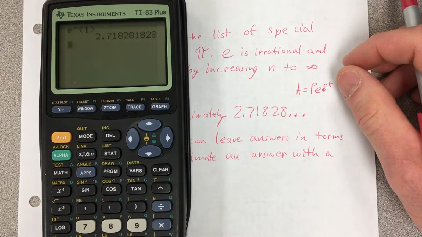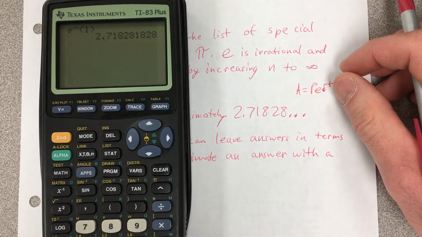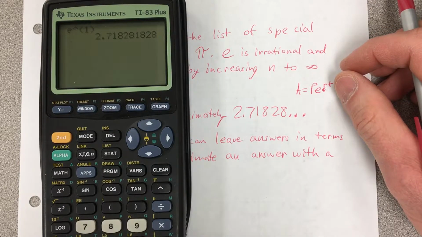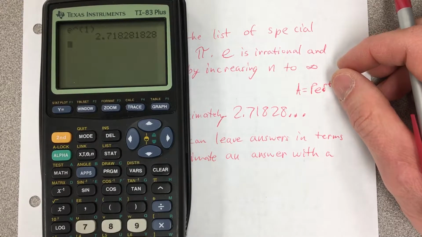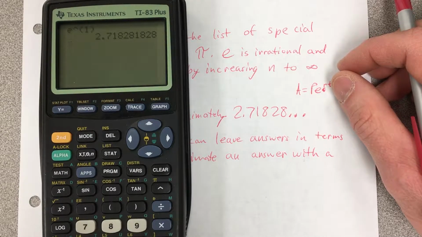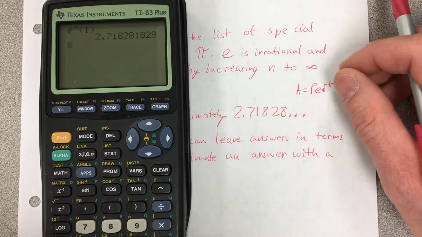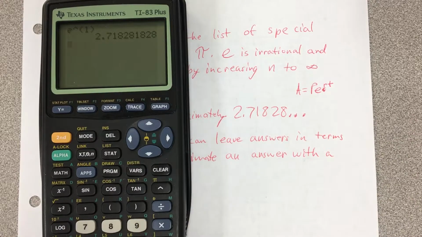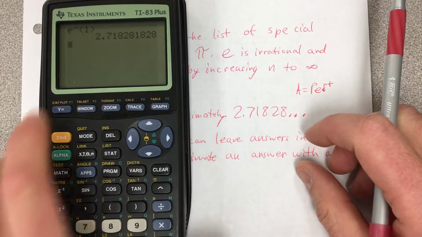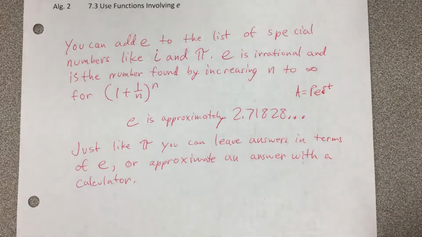All right, so that's how you do it. Please, I encourage you, grab whatever calculator you have. Some of your calculators, you're going to have to press 1 first, then do second, and then e to the x to evaluate that. But please grab a calculator. Make sure that you can put 1 in and get the value of e. All right, so here's what you're going to be expected to do.